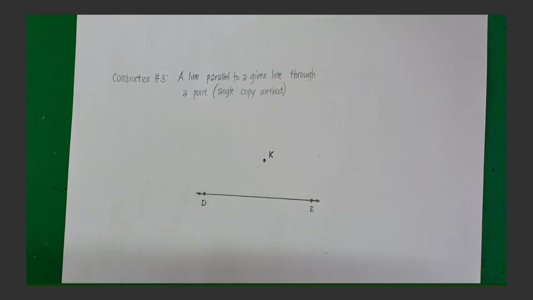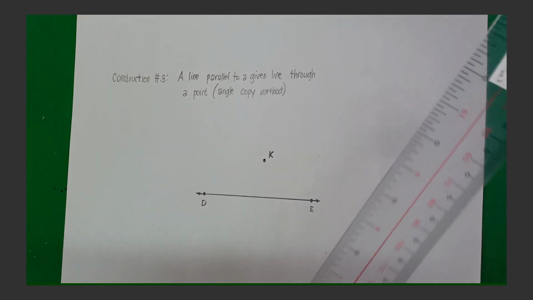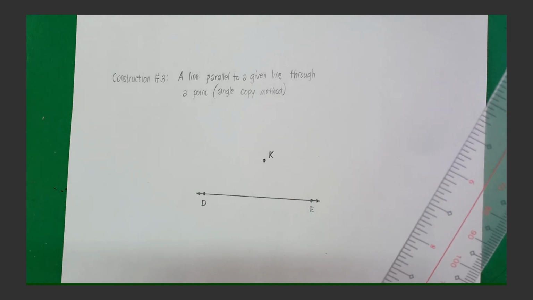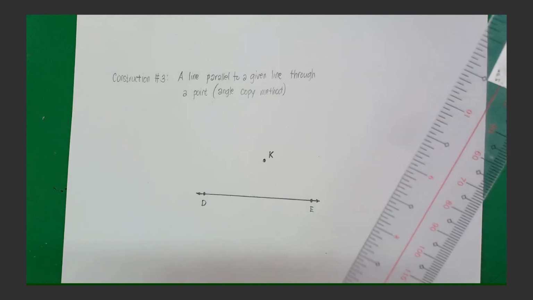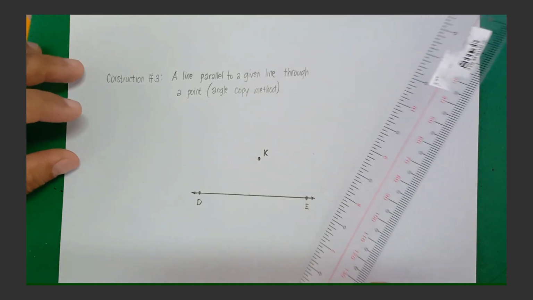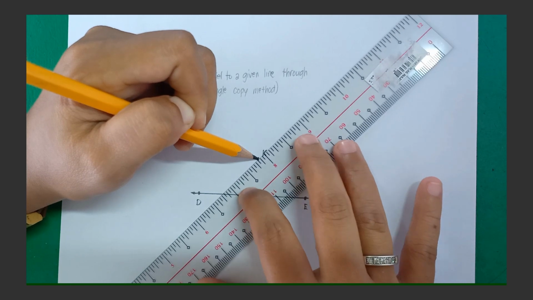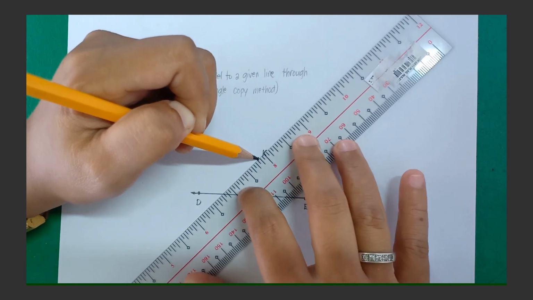Start with line DE and the point K off the line. Step 1, draw a transverse line through K and across DE at an angle, forming the point J where it intersects line DE. The exact angle is not important. From this point, let's draw a line that intersects DE.